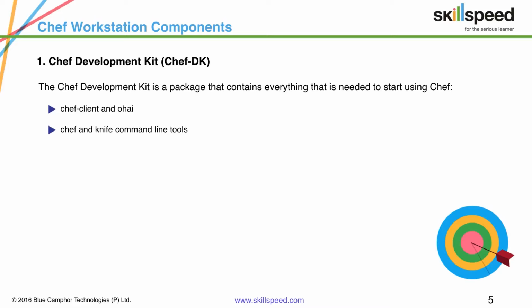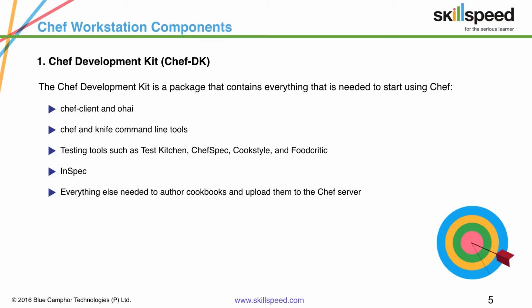Then the Knife command line utility, which is required for the Chef Workstation to interact with the Chef Server. Testing tools such as Test Kitchen, ChefSpec, Cookstyle, Foodcritic, etc. InSpec, which is again a testing framework for Chef, and more or less everything which is needed to author cookbooks and upload them to the Chef Server.